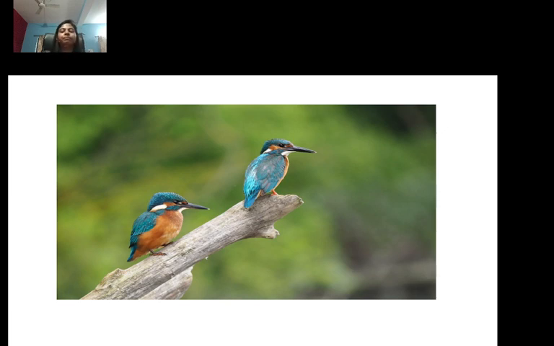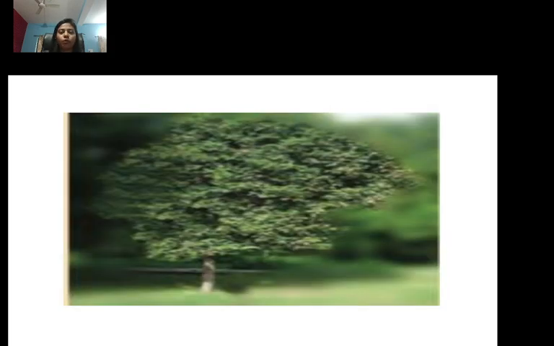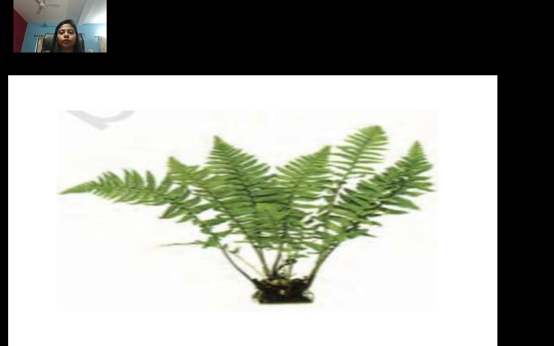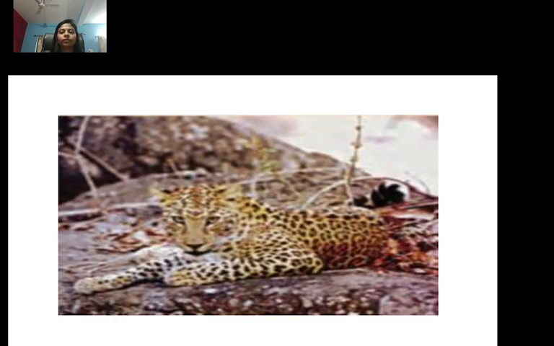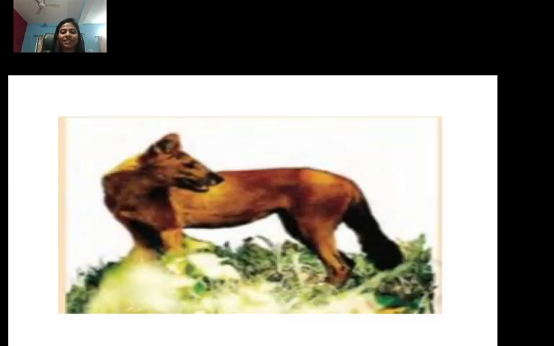Okay? So now observe this image. This is a tree. Plant. This is a tiger. This is a dog.